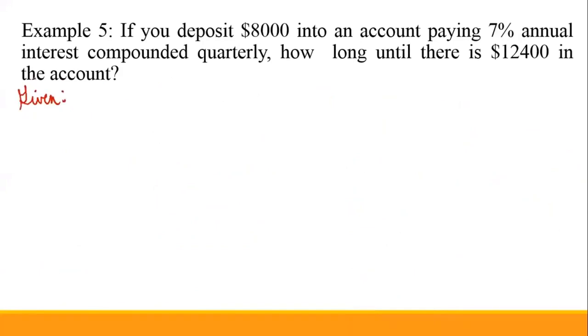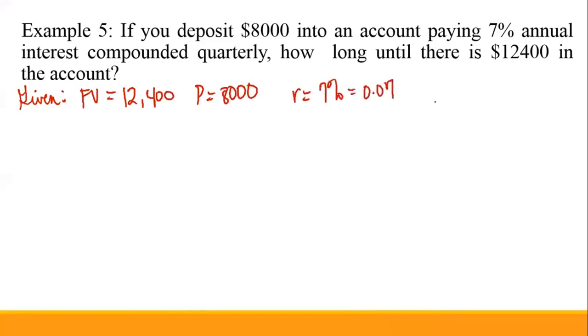So para ma-accumulate daw natin si 12,400 by depositing our principal na 8,000, paying our annual interest rate of 7%, with number of times compounded per year is 4 kasi nga quarterly, so 4 na beses.